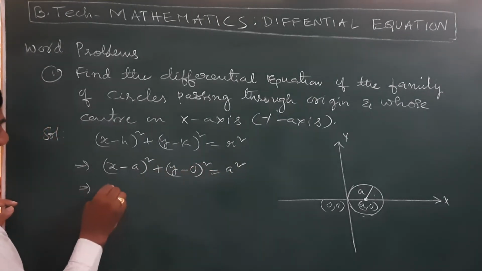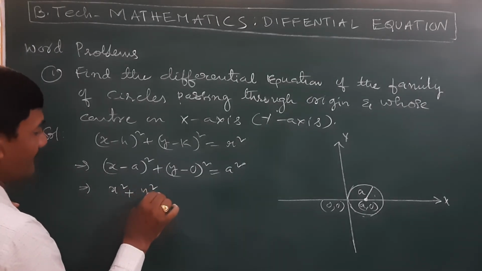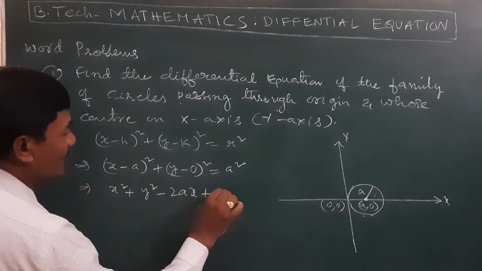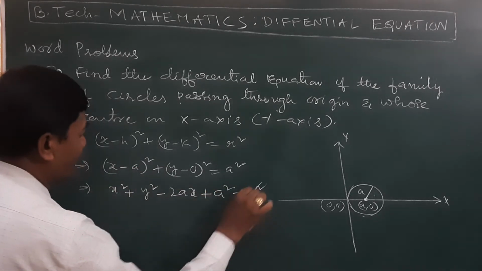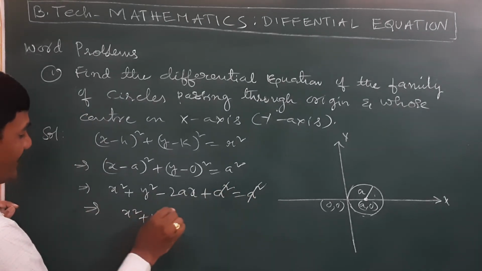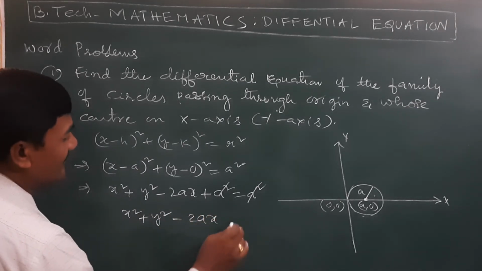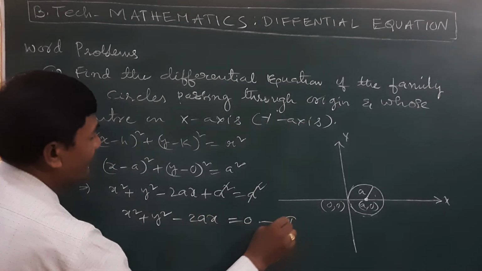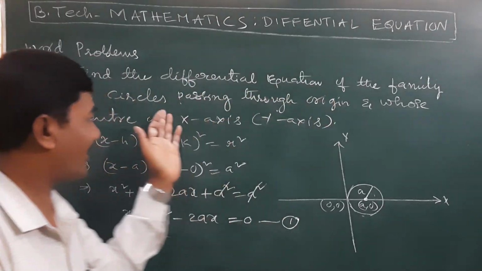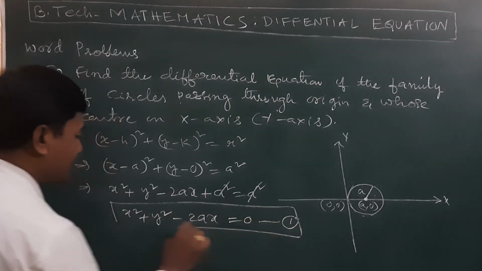You can simplify: x square plus y square minus 2ax plus a square is equal to a square. This cancels. Therefore x square plus y square minus 2ax is equal to 0 is our equation of the circle passing through the origin whose center is on x-axis.